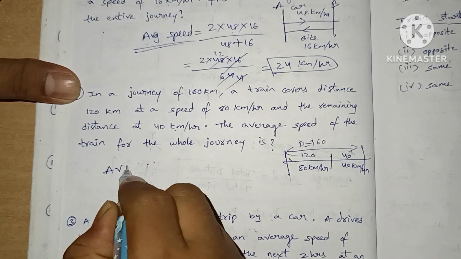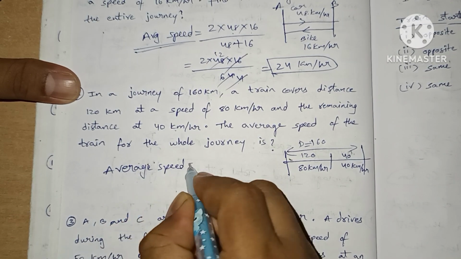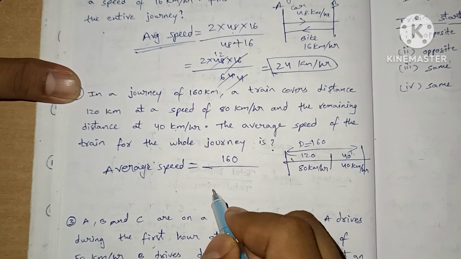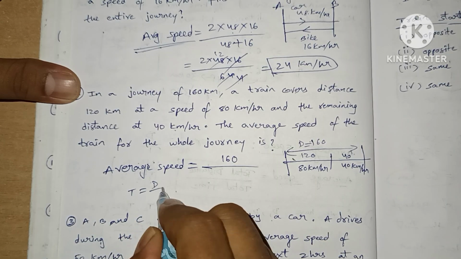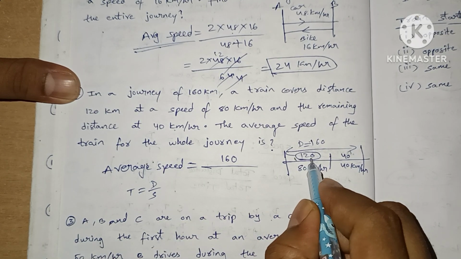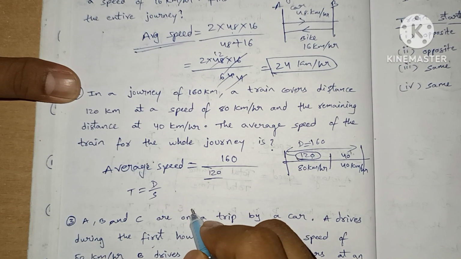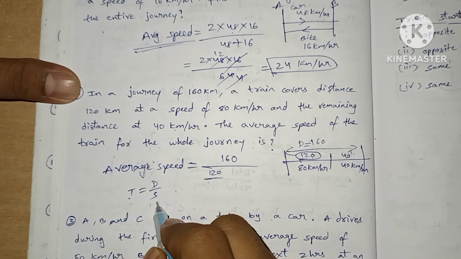Here average speed equals total distance, which is 160, by total time. We know that time equals distance by speed. We don't know the actual total time, so we are taking time equals distance by speed.